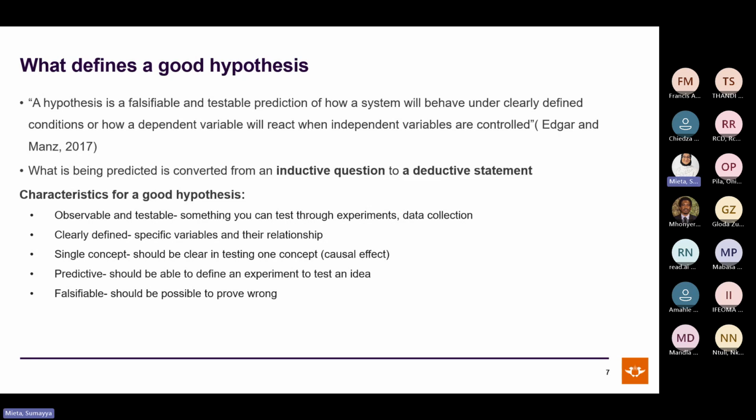Okay. Whereas a deductive statement is the opposite of an inductive question, in that it starts with a general theory or hypothesis, and then it tests it through specific observations and data collection. So it moves in the opposite direction, from something very general to being more specific. And an example of this would be, say you want to look at the effectiveness of a new drug on a specific condition.